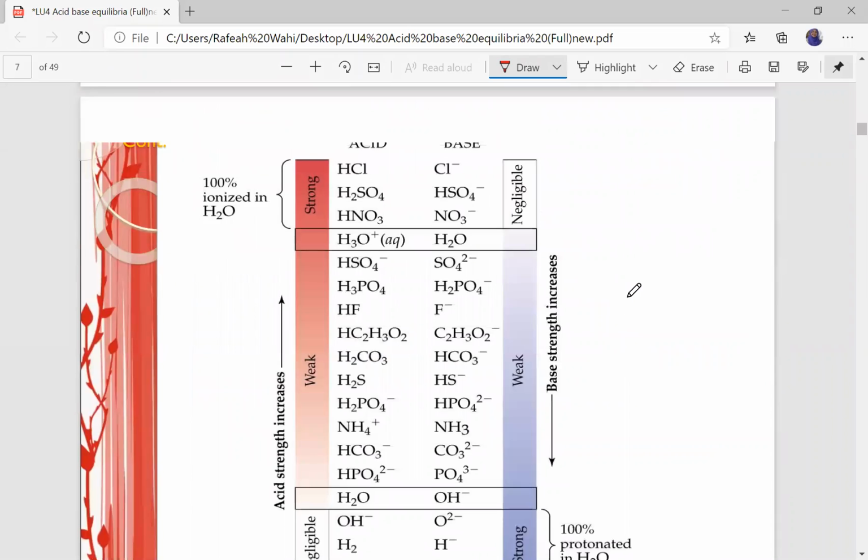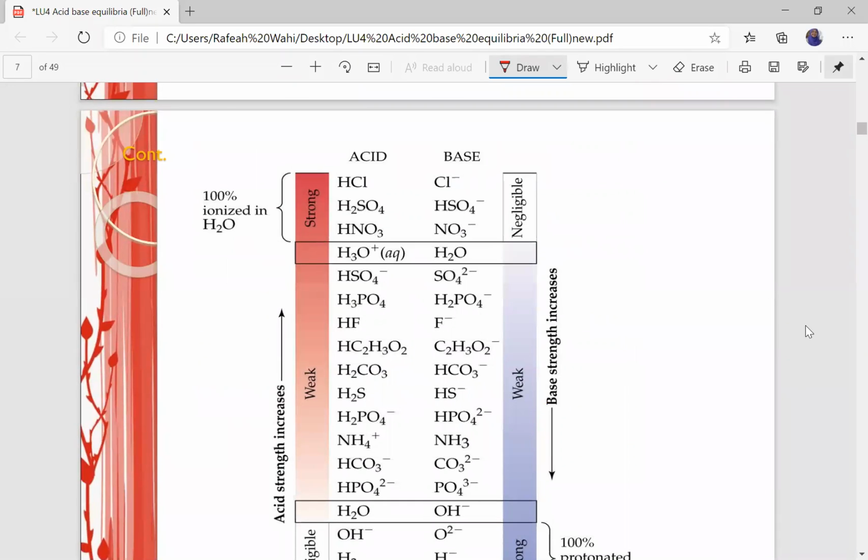If we look at this table, at the top you can see a list of strong acids. These are some of the very strongest acids: HCl, H2SO4, sulfuric acid, HNO3, nitric acid. All strong acids are 100% ionized in water.